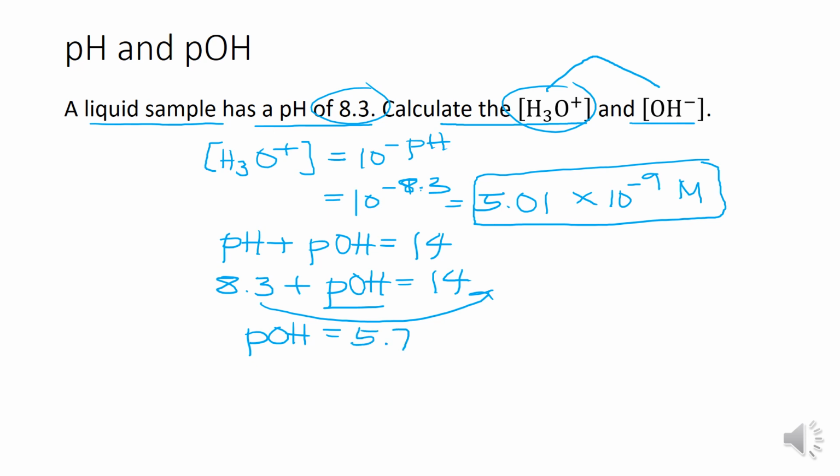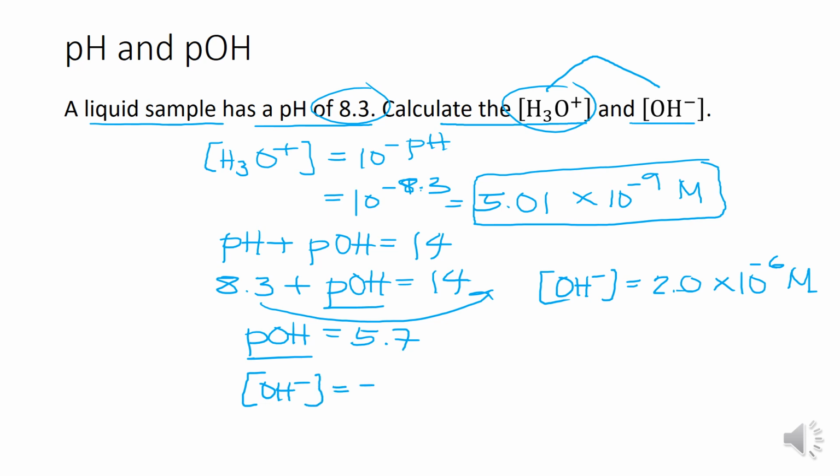5.7. Then from this pOH, let's see if we can get the same hydroxide ion concentration. In the previous solution, the calculated hydroxide ion concentration was 2 times 10 to the negative 6 molarity. So the inverse of the formula for pOH is, remember, the hydroxide ion concentration is equal to, not negative, but rather 10 to the negative pOH.